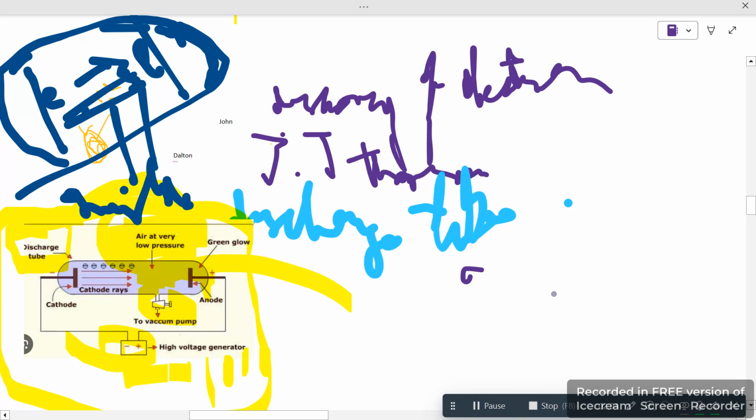Let me give you one other concept. This is a cathode, the simple cathode.